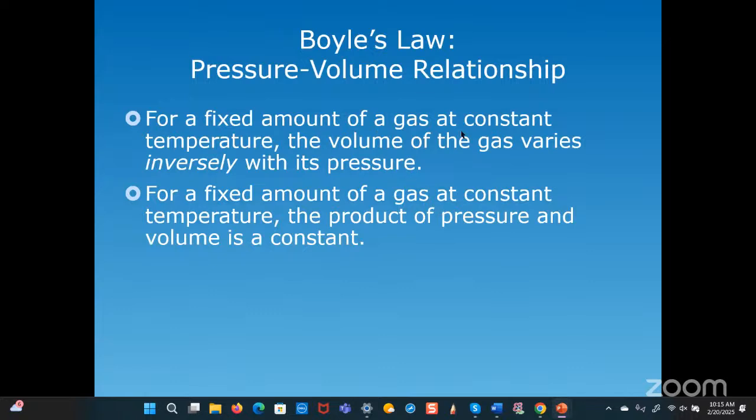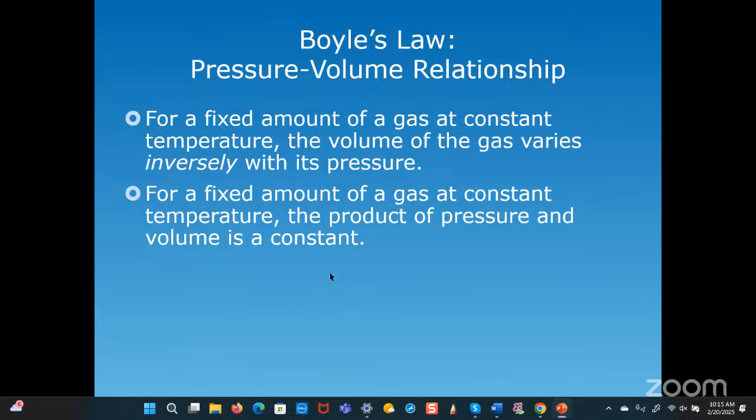For a fixed amount of gas at a constant temperature, the volume of the gas varies inversely with its pressure, right? So basically as the volume increases, the pressure decreases and vice versa. If you double the volume of a gas, then the pressure of that gas will be half, for example. If you triple the volume of a gas, then the pressure of the gas will be reduced to 1/3 of the initial value.